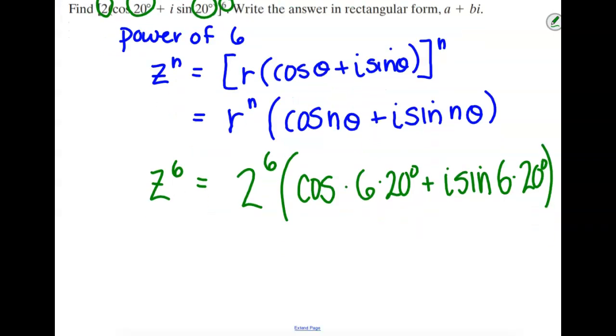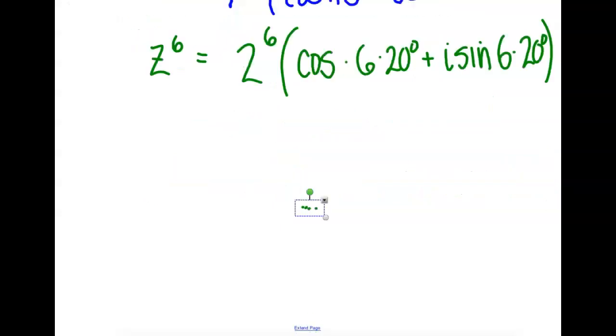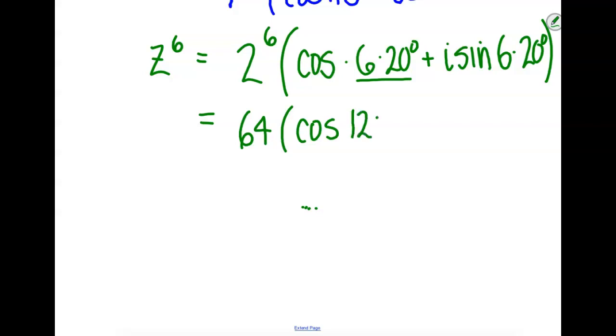Now we need to simplify it. 2 to the 6th power is 64. Quantity cosine, 6 times 20 degrees is 120 degrees, plus i sine 120 degrees.